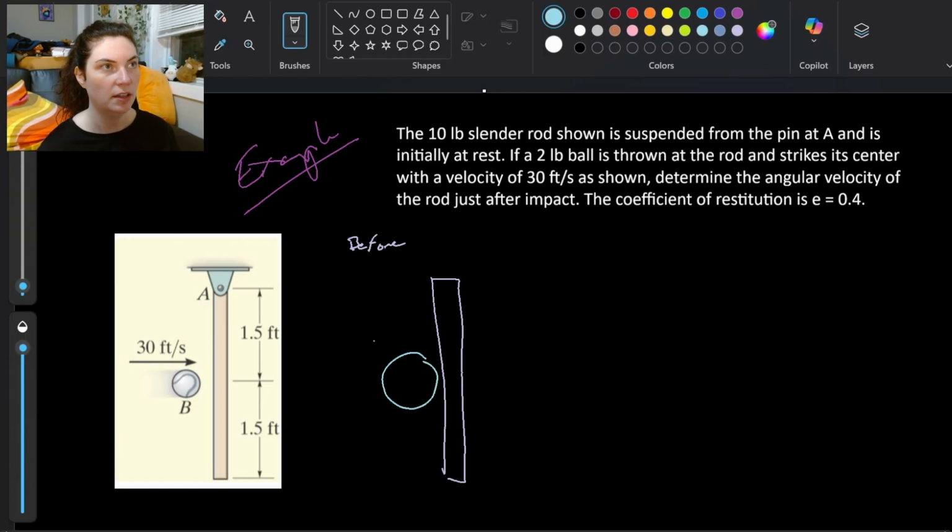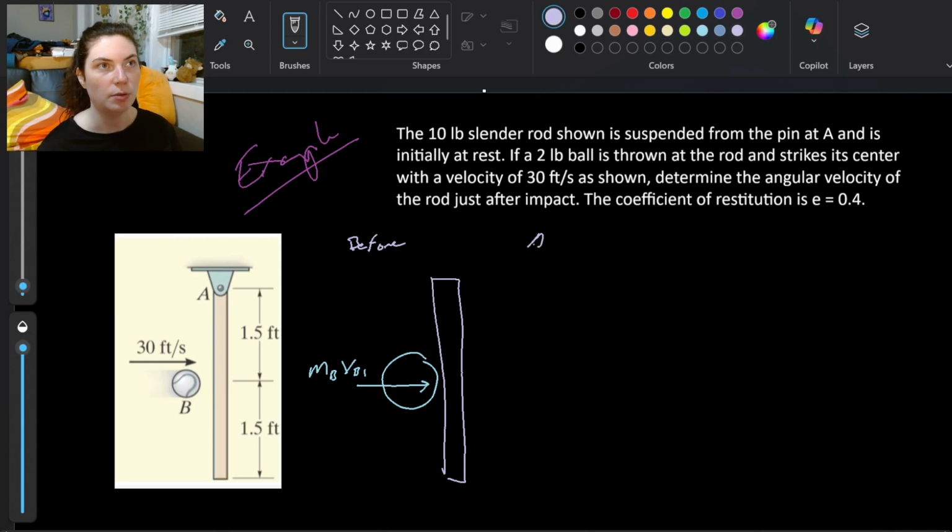He has his mass times his initial velocity, which I'll put right through the middle there: mass of ball times velocity of ball initial. We know that initial velocity of the ball is 30. We also know the mass of the ball. They said it's a 2-pound ball, so we can divide that by 32.2 and find the mass. So we have a pretty good picture of what the before is. We know all our velocities, pretty much everything that's happening.